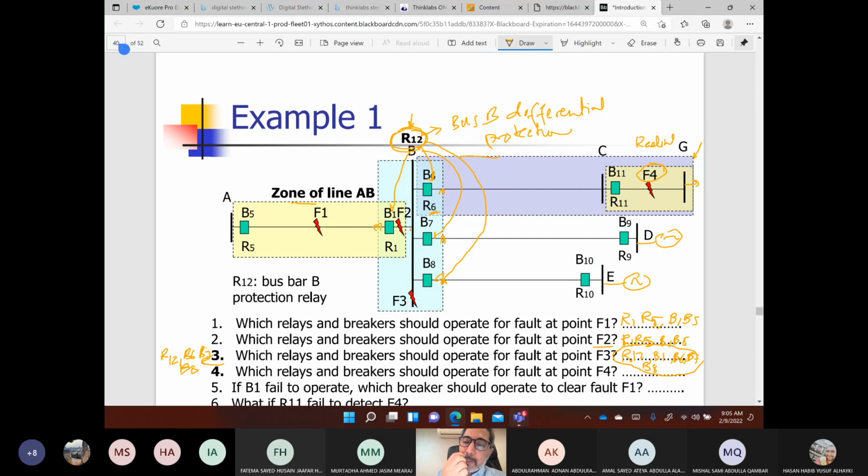But it's not necessary that it should operate if there is an overlap between this zone, which is 6, and another protection, because this is totally inside.